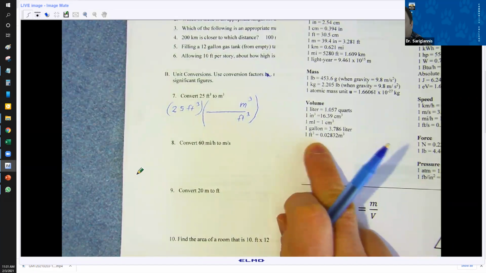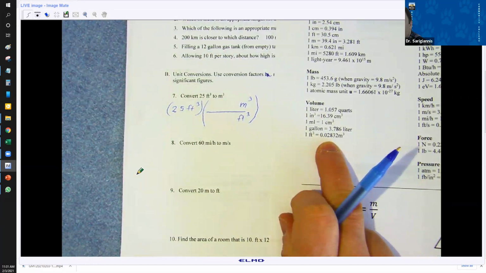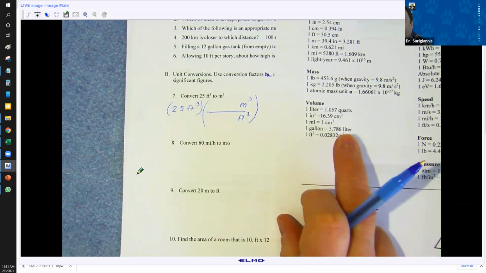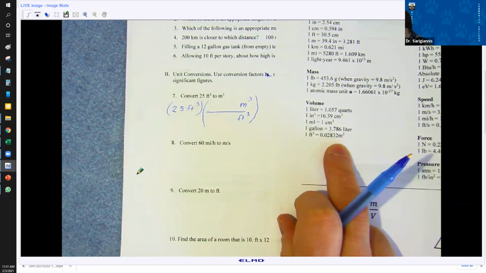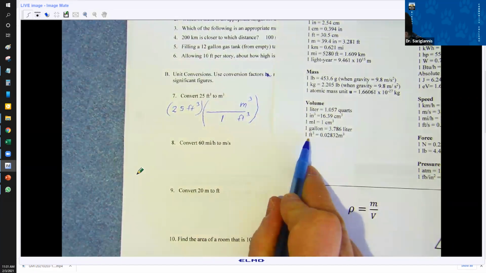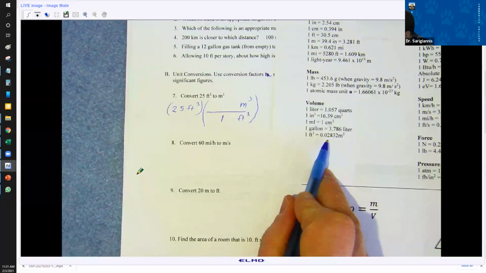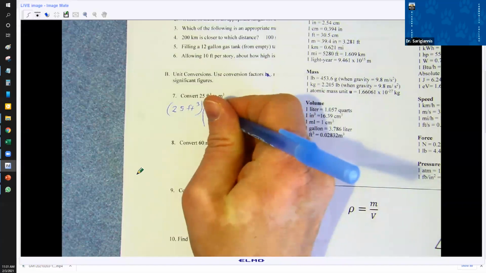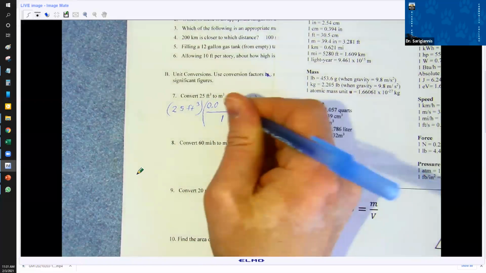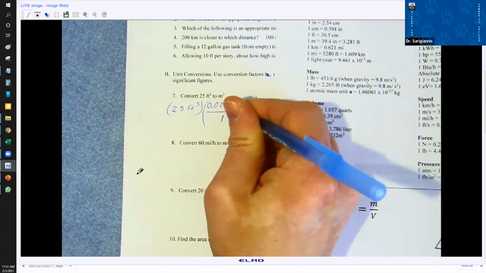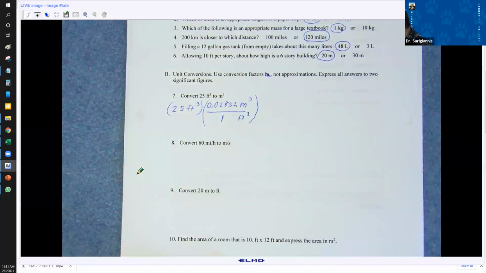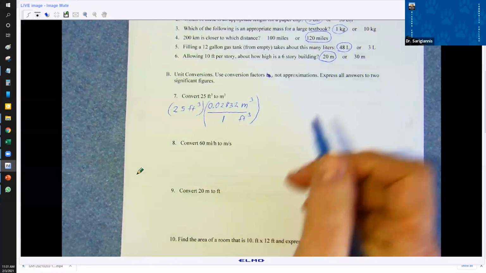1 cubic foot is 0.02832 cubic meters. So we have this conversion. In this case, we're going to write the 1 on the bottom, because 1 cubic foot is equal to the 0.02832 cubic meters.